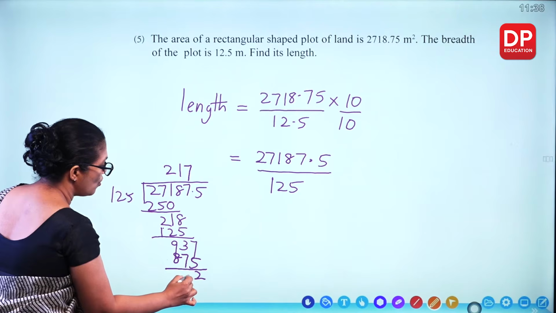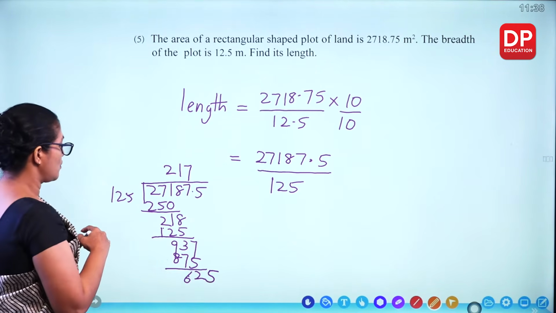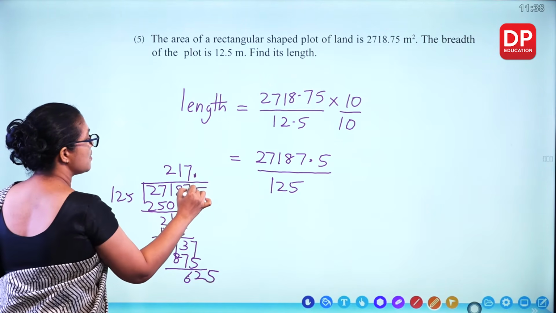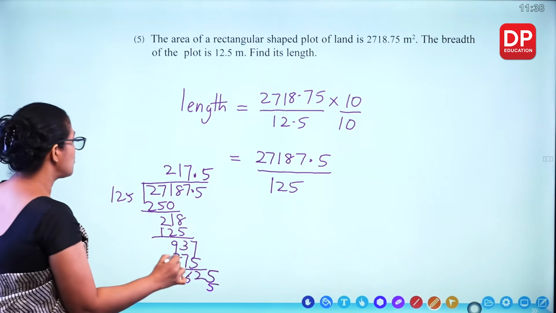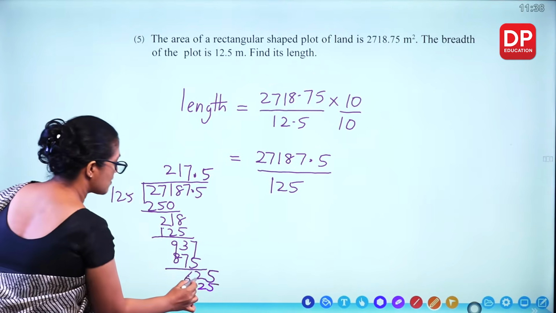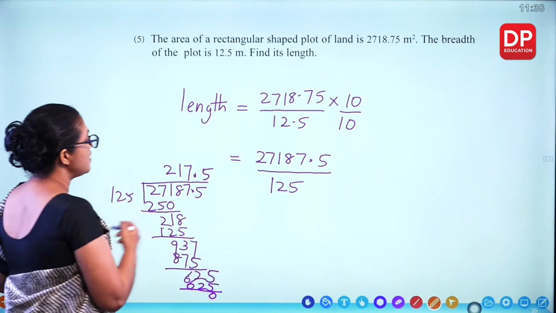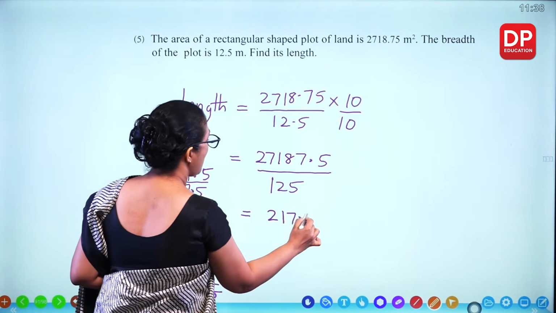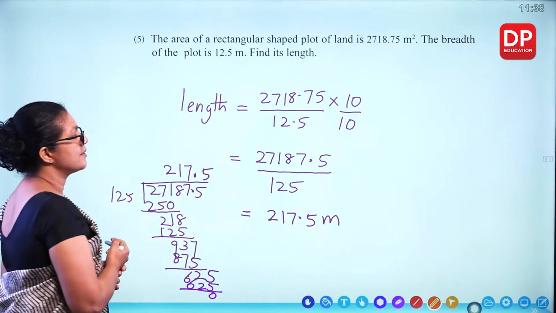This is 2 and 6, 25. So that's 5. So here you need to put a decimal point. Here 5. 5 times 5, 25. 2 remaining, 10, 12. 1 remaining and 6. So that's 217.5 meters is the length.